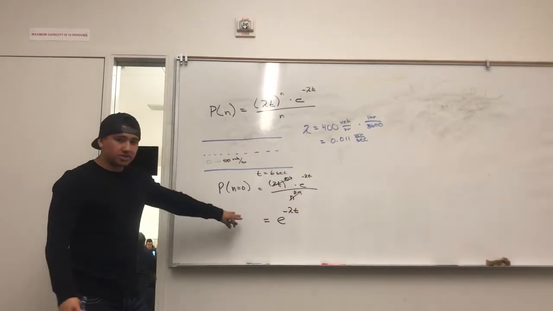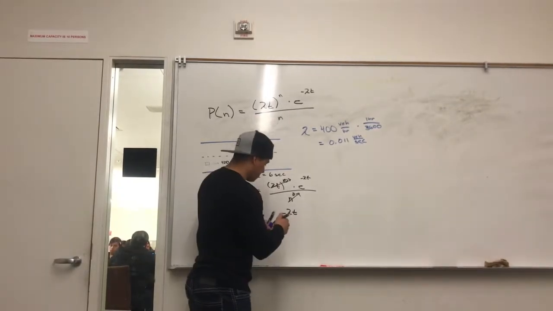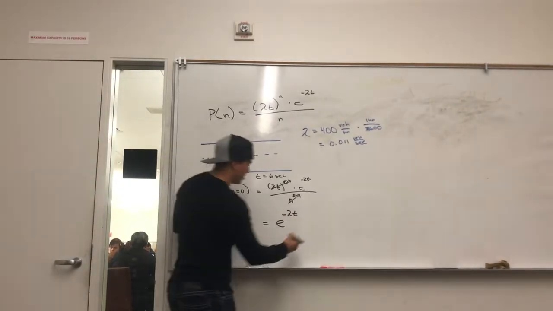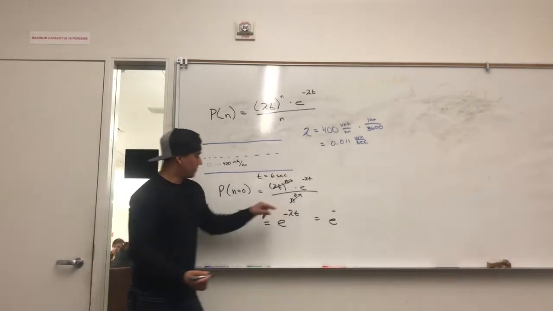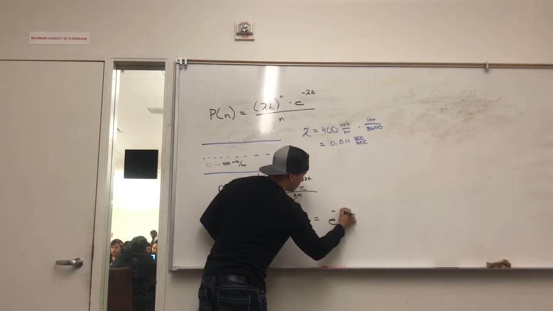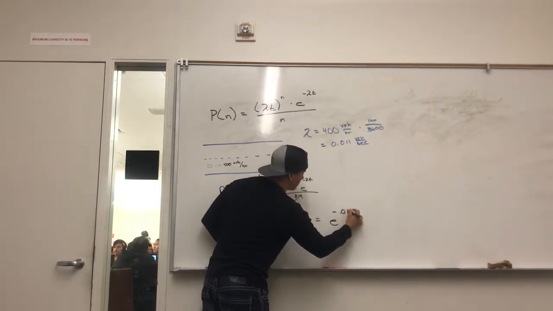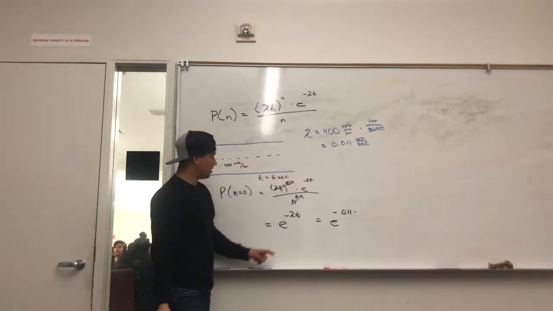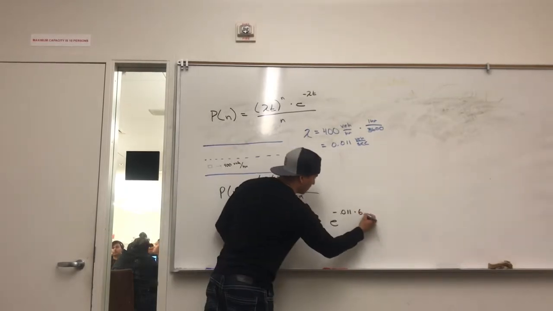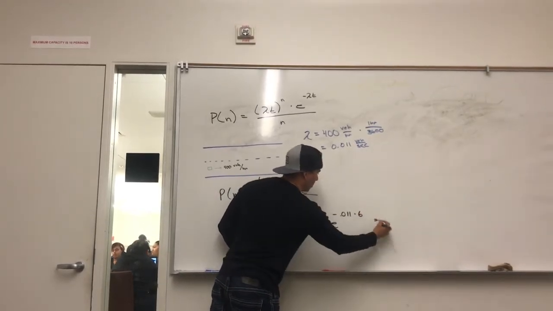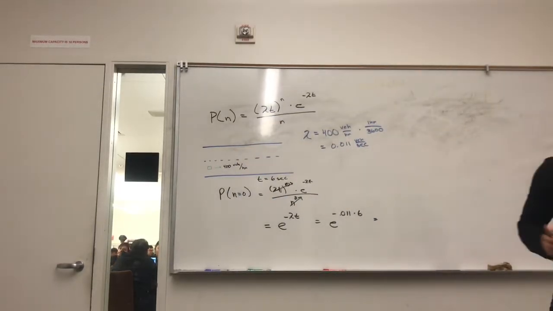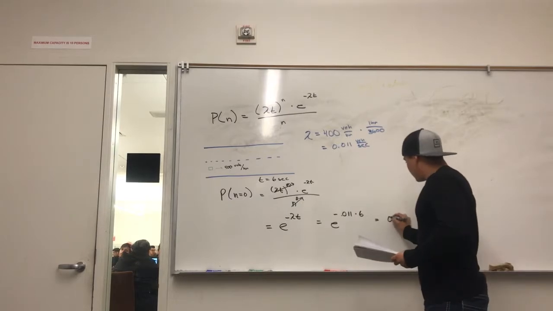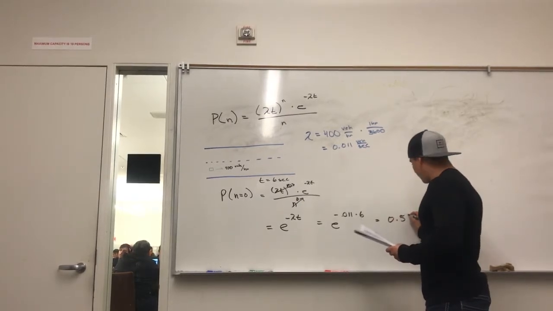Now that our units are correct, we can plug in the numbers. So lambda, 0.111, multiplied by t, 6 seconds, will equal e to the negative 0.666, which is 0.5134.